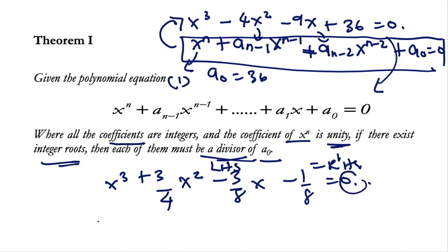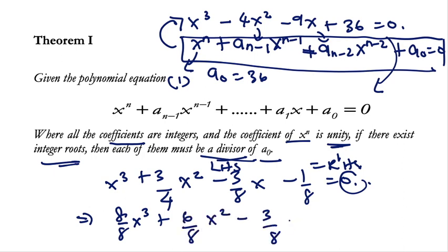So in this case, I can have 8 over 8 x cubed plus 6 over 8 x squared minus 3/8 x minus 1 over 8 equals 0, isn't it?